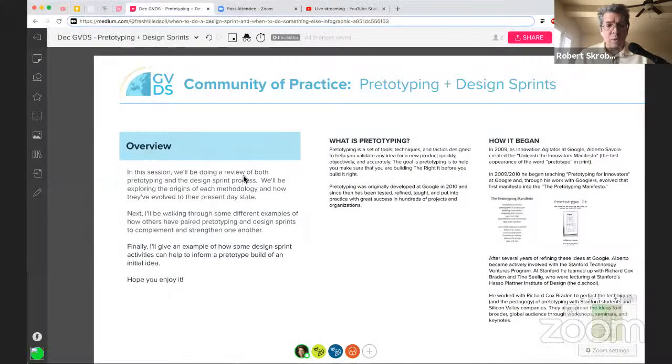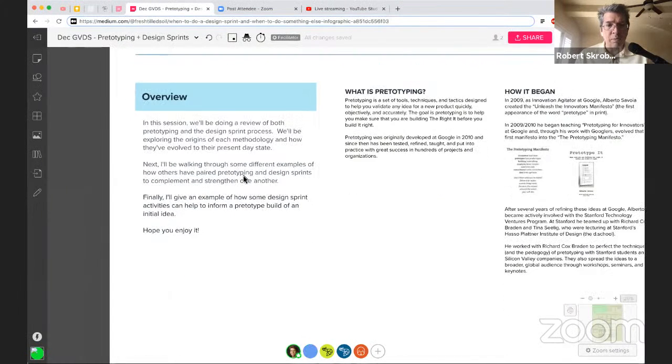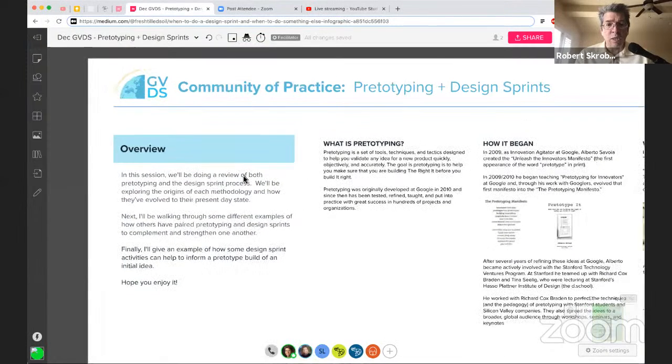So when you come in, not everything is locked down in this mural. Design-wise, you don't have to move anything, but you can follow me once everyone goes in there. And when I share my screen over in Zoom, you'll be able to follow me as well if that's easier for you. As people are coming into this, this mural is going to be going over, again, first prototyping and then design sprints, how the two merge, and then eventually an exercise that you have the option of getting involved with.